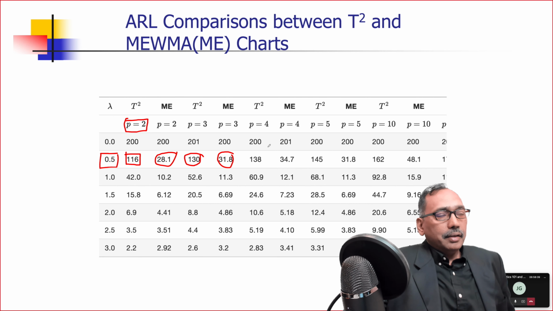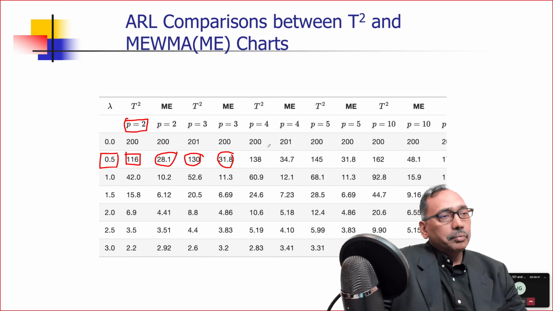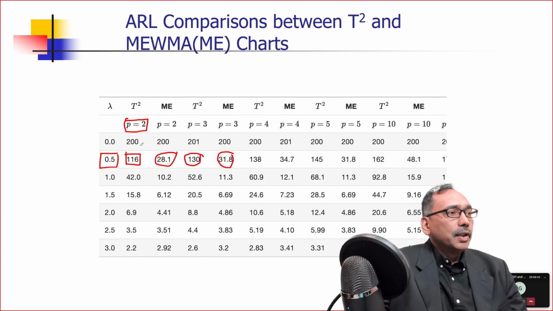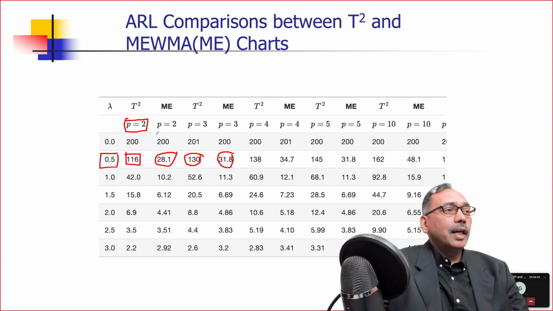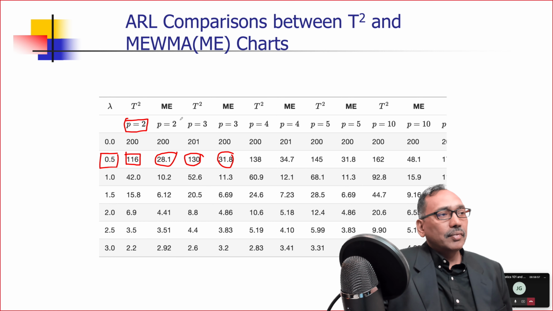And usually, at least the one I showed you in the Kaggle notebook is actually designed for the number of variables P ranging from 2 up to 10. If you are monitoring up to 10 variables, that method will be useful.